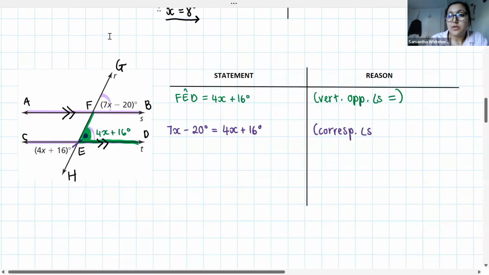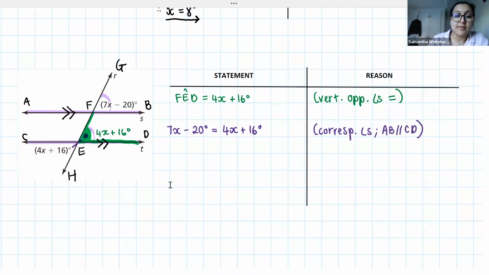Now remember, whenever you use a parallel line reason, so corresponding angles, co-interior or alternate angles, you have to state the parallel lines. So AB parallel to CD. And now I've got an equation I can solve for x.